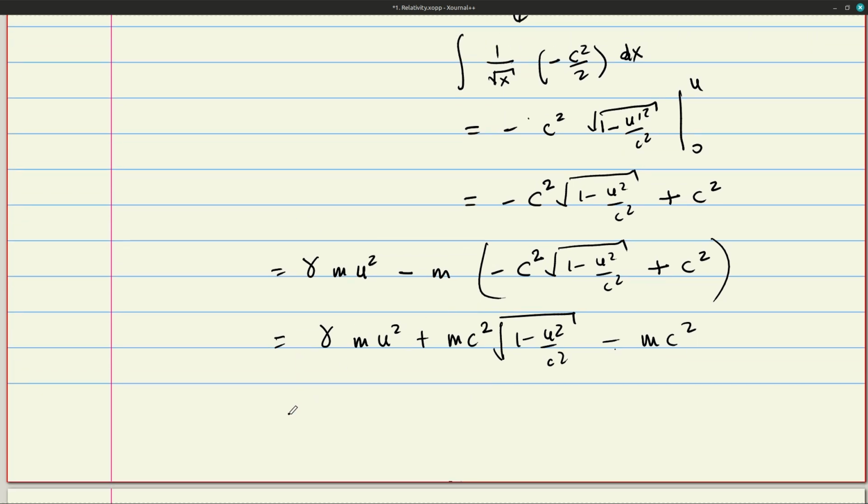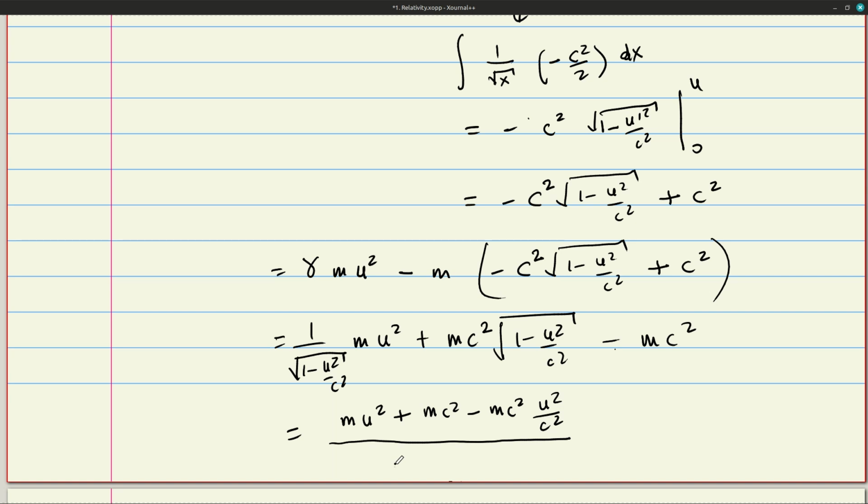And now I will combine. So this one is 1 over 1 minus u squared over c squared. The first two terms I'm going to combine. So this is m u squared plus m c squared minus m c squared u squared over c squared, and divide this entire thing by 1 minus u squared over c squared.